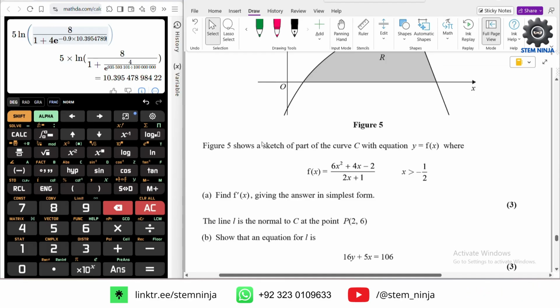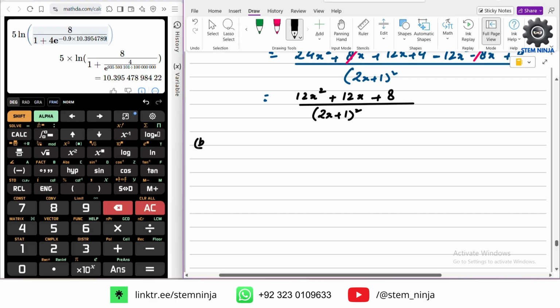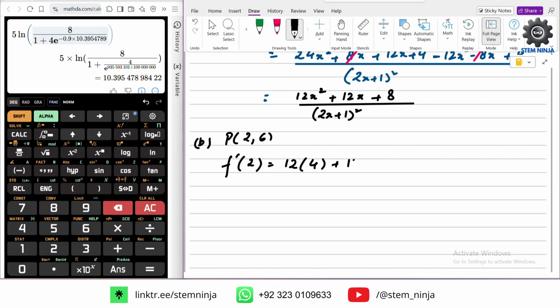The line L is normal to C at point P, 2, 6. Show that the equation for the line L is this. Okay, first off we need the dy by dx, or f prime of x at 2. So P is 2, 6. So f prime at 2 would be 12 times 4 plus 12 times 2 plus 8 divided by 2 times 2 is 4, 4 plus 1, 5 squared is 25.